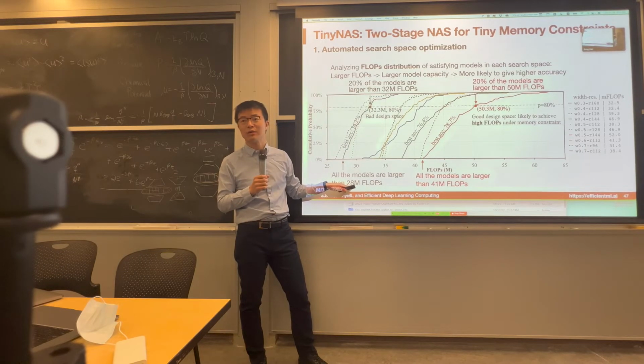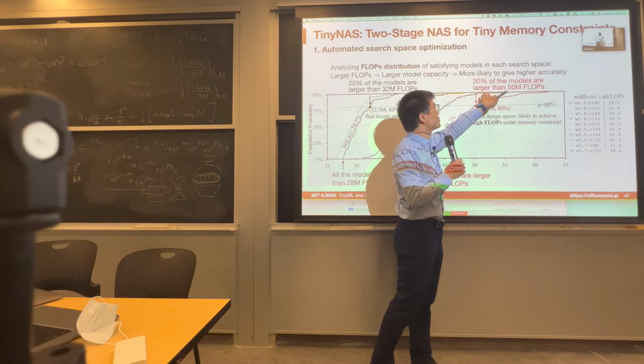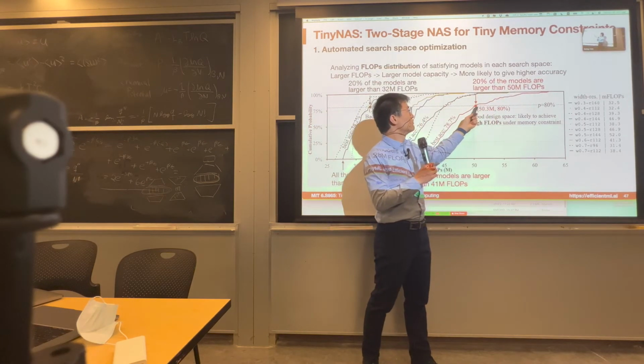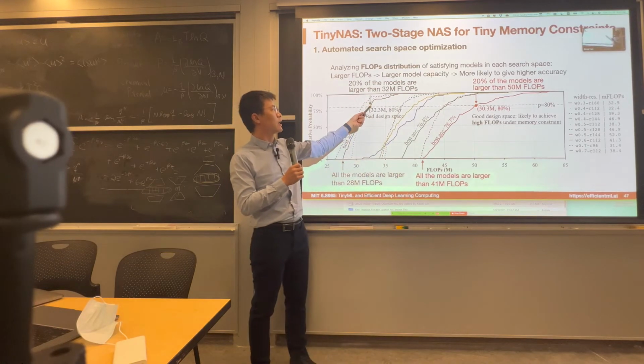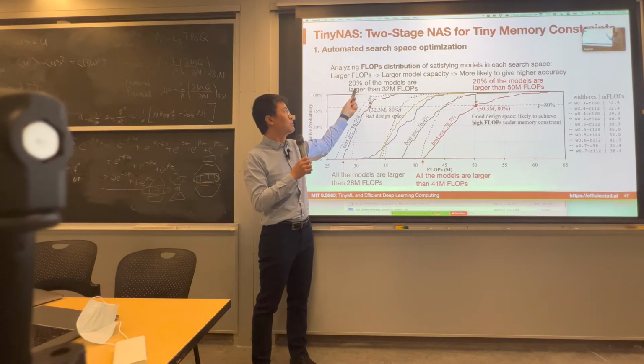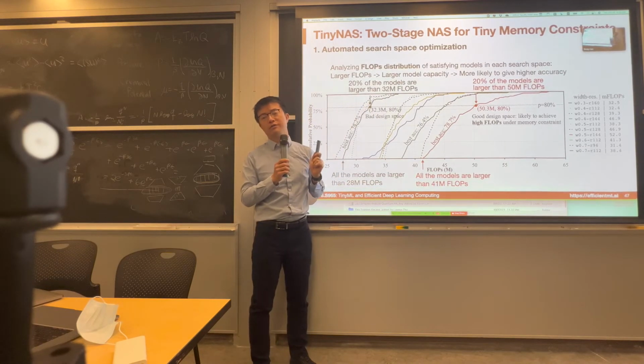And for the red design space, 20% of the models are larger than 50.3 million FLOPs, which is larger than this black design space, where 20% of the models are larger than 32 million FLOPs.